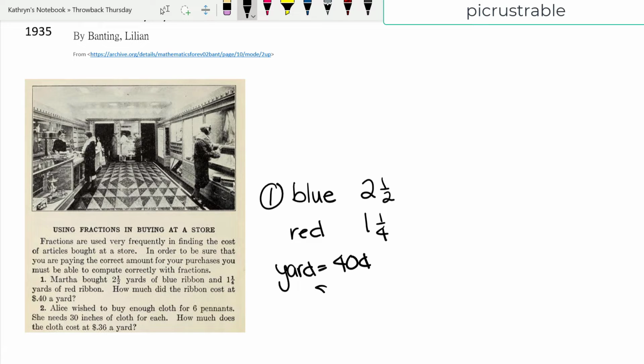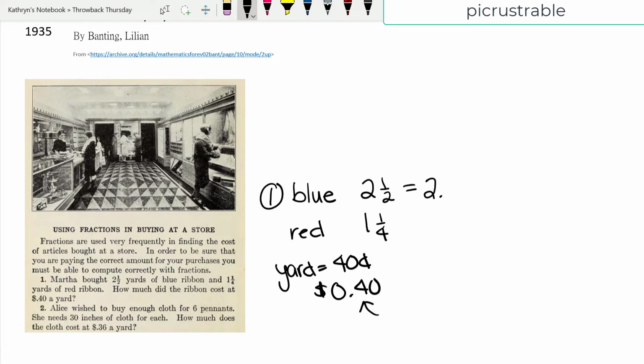Now that's the same thing as $0.40. Now for this one, we could do it a couple different ways. We could change the fractions into decimals and then multiply. Or we could leave the fractions and change the money into a fraction. Well, that seems a little crazy, doesn't it?